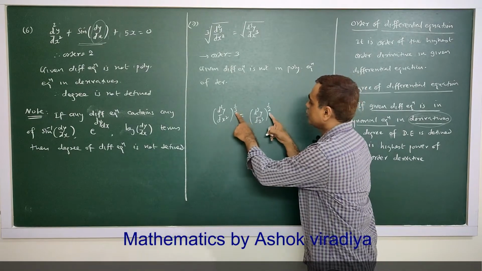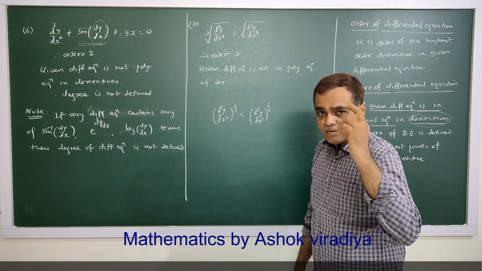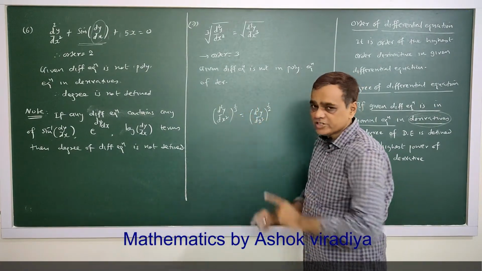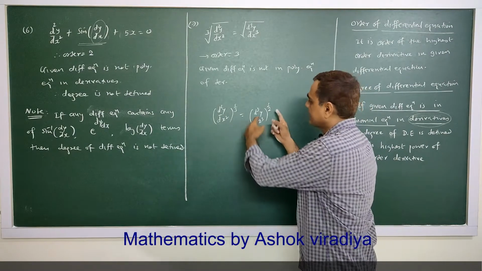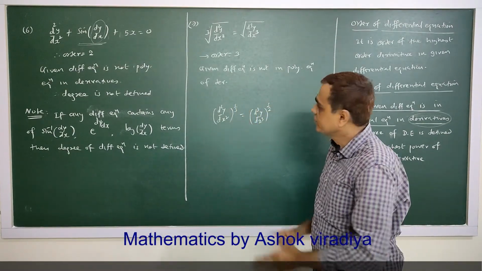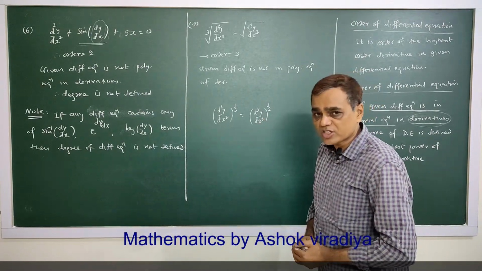So these are not positive integers. The power of every derivative term must be a positive integer. Neither fractions nor negatives are allowed. So this is the reason why this is not a polynomial equation.